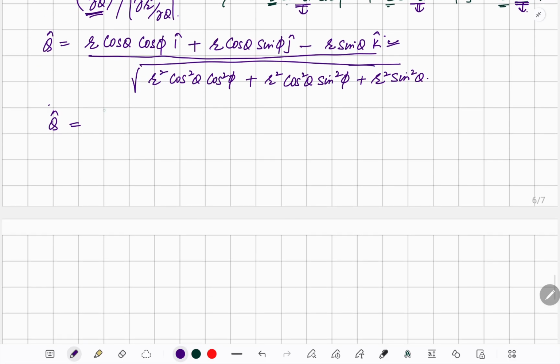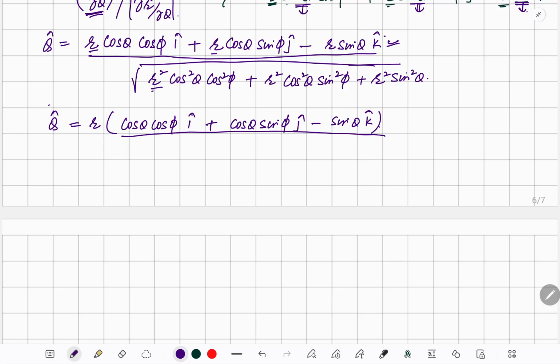So basically theta cap would be given by r. Let's take r common from the numerator: cos theta cos of phi i cap plus cos of theta sin of phi j cap minus sin of theta k cap, divided by, let's take r square common, and that would be outside, and inside the root there would be cos square theta. Let me take this cos square theta common. So there would be cos square phi plus sin square phi, which is 1.